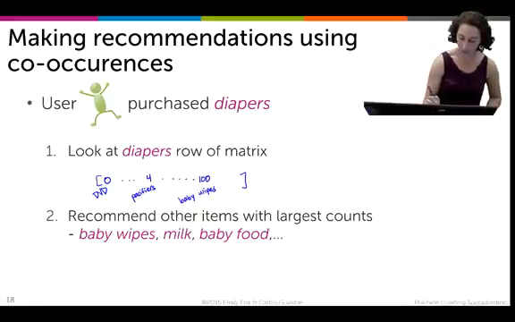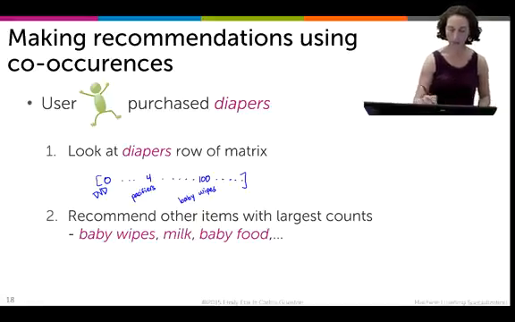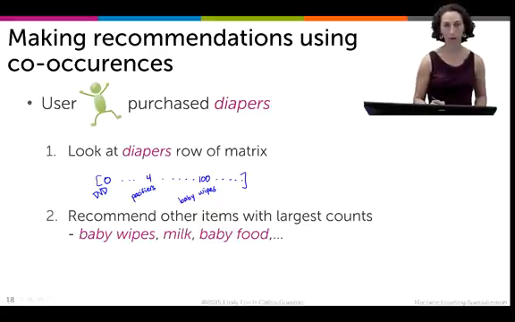We're going to have this whole vector of counts of how many times people who bought diapers bought all these other products. Using this, now we can very straightforwardly make our recommendations. All we do is sort this vector and recommend the items with the largest counts. So maybe we'll recommend baby wipes and milk and baby food and things like this for somebody who just purchased diapers.